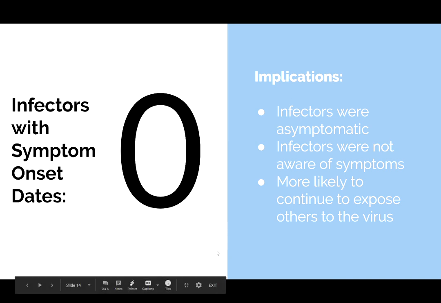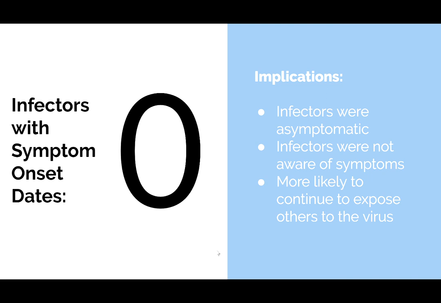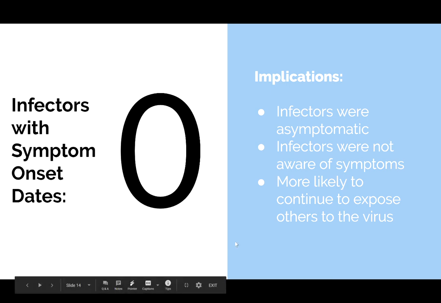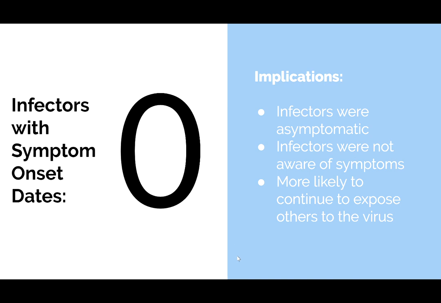In the case of the number 1 superinfector that was shown earlier, who infected 46 others, this could be the case where they didn't know they were infected by someone and they continued to spread it. And especially since they worked within a medical field, they were more likely to spread it. So this is definitely something to look at.